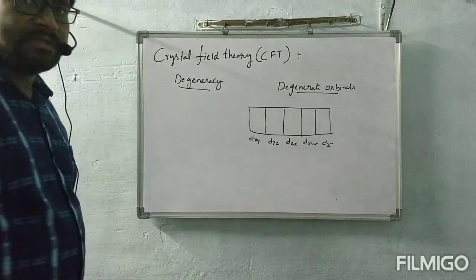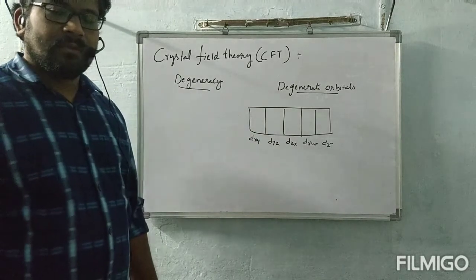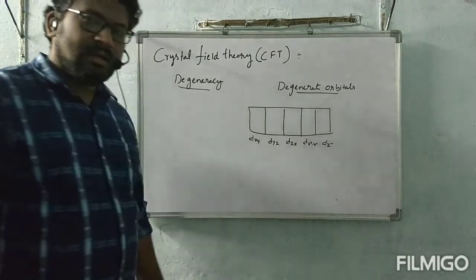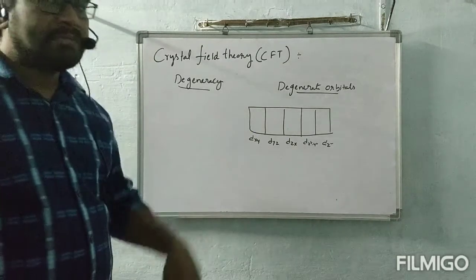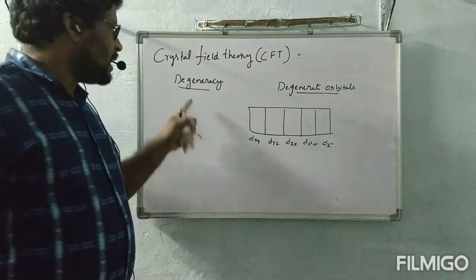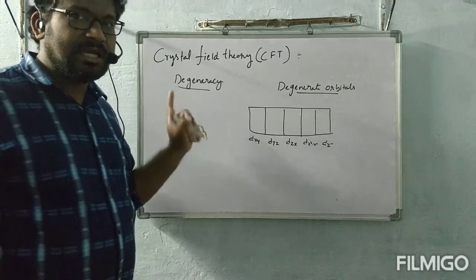In atomic structure we have seen already that these 5 d orbitals contain the same energy, whether they belong to 3d or 4d. Those orbitals are called degenerate orbitals, and the property of orbitals having the same energy is called degeneracy.